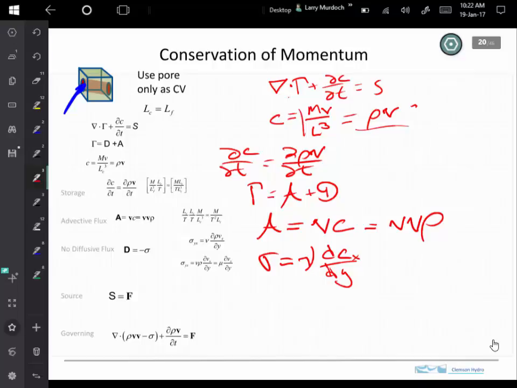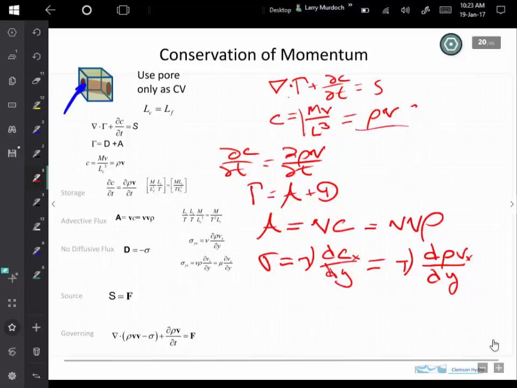All right? So I can substitute in here. The reason I wrote it as Cx is because within C you have velocity, which is a vector. It has a particular direction.